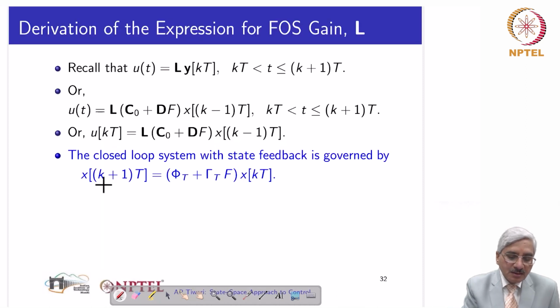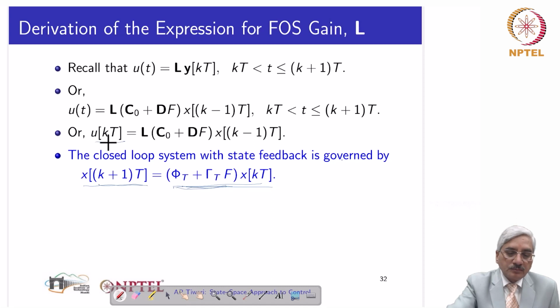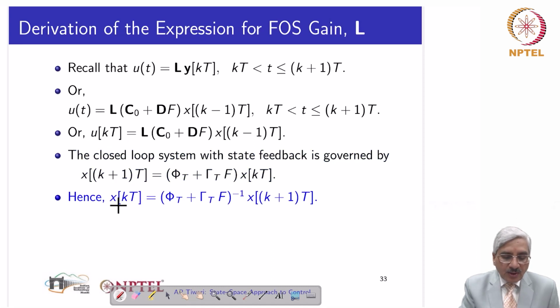And that means that x(k+1)t will be, sorry, it is not will be, it is with the state feedback. This is the system, phi tau plus gamma tau f x(kt). This is with the state feedback, and this is u(kt). So x(kt) we solve from here.